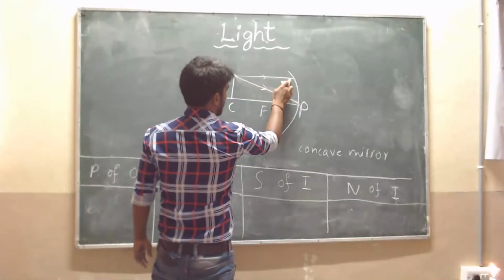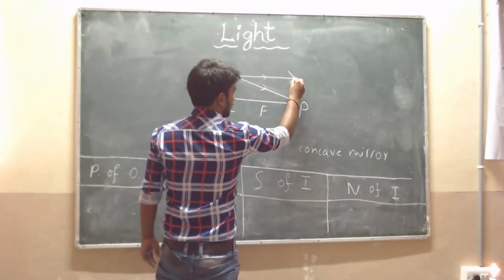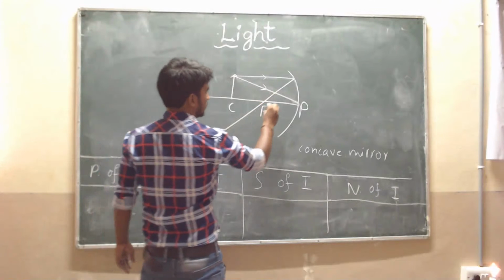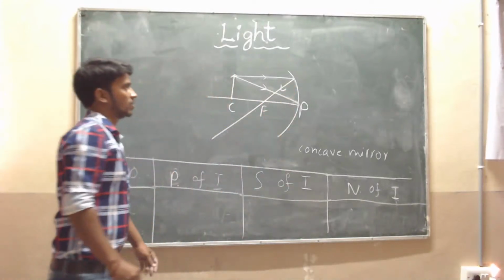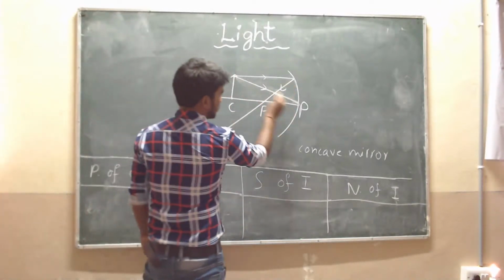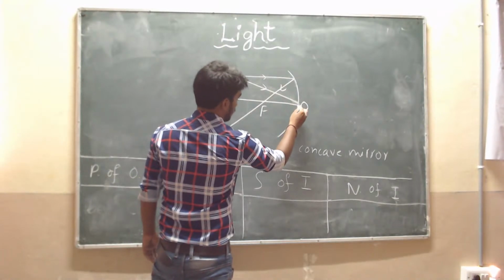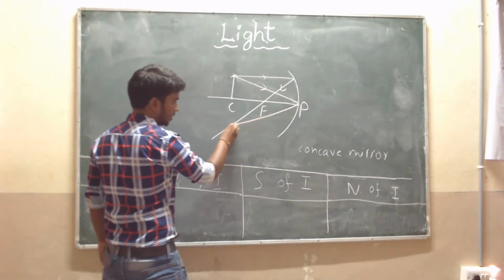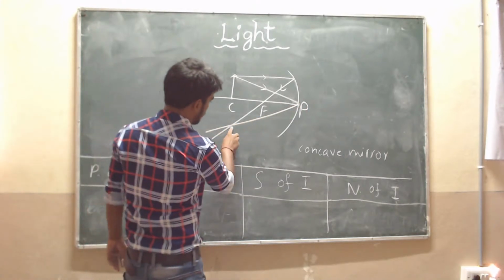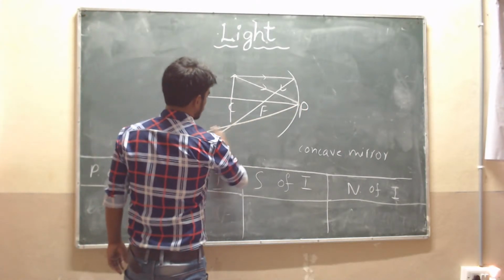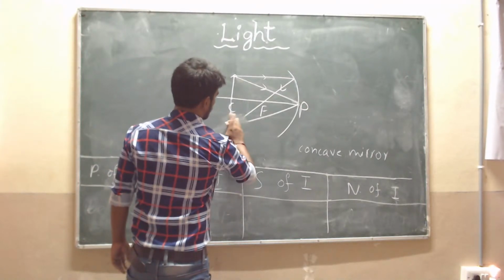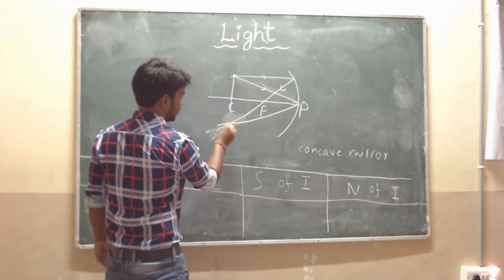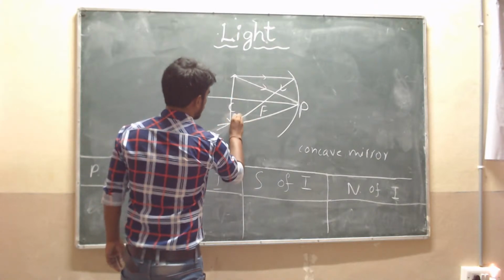So now this ray is parallel to the principal axis, right? After reflection, it passes through the principal focus. Okay. So now one more ray which passes to the pole of the mirror. After reflection, see here, both the rays are meeting here.